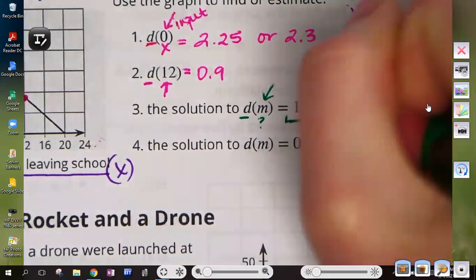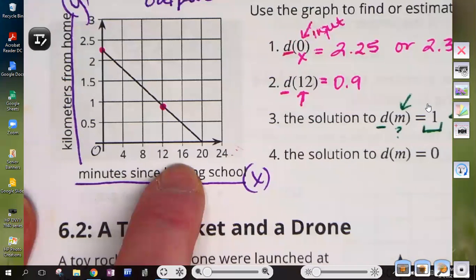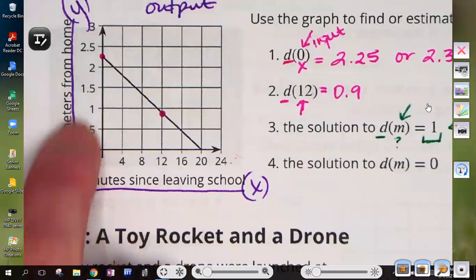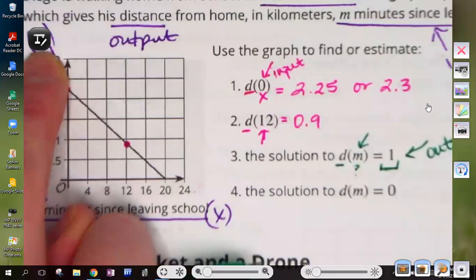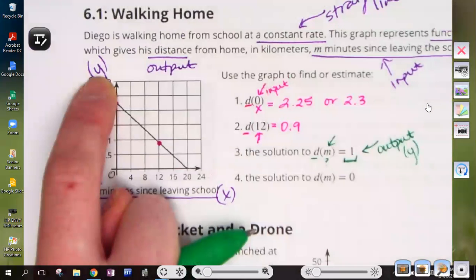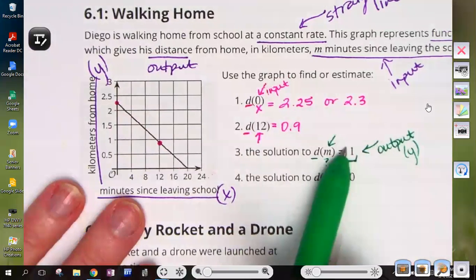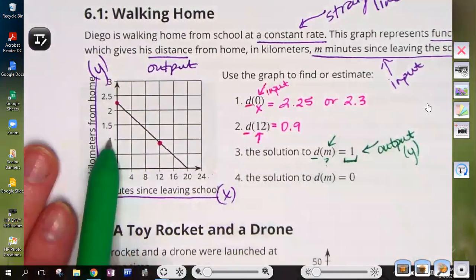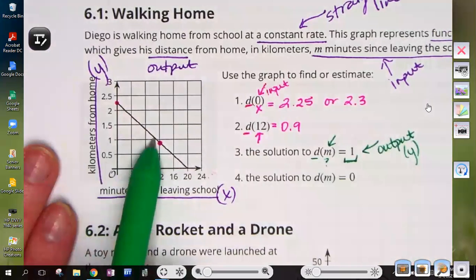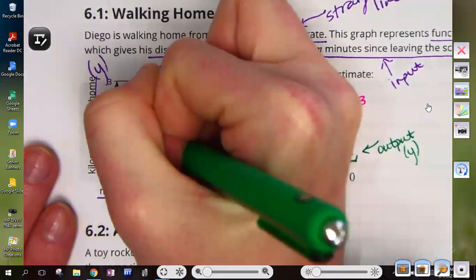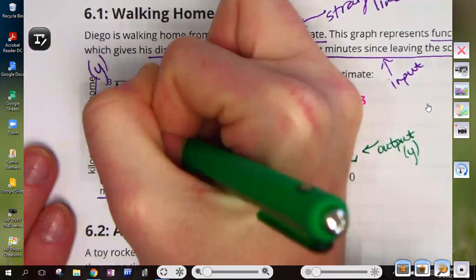So this time they started out telling us the output, which is our what value? The y. So instead of starting by looking at my x-axis, I'm going to start by looking at my y-axis. Okay. So I'm going to look on my y-axis at 1. So I'm going to go to 1, and I'm going to just go until I run into my function. And it's right here.